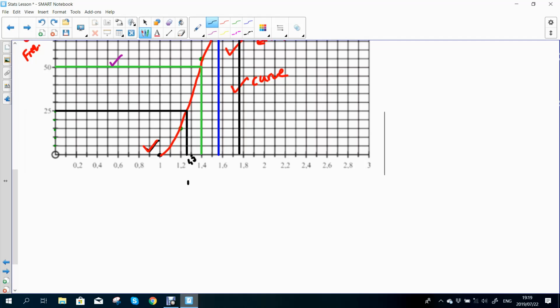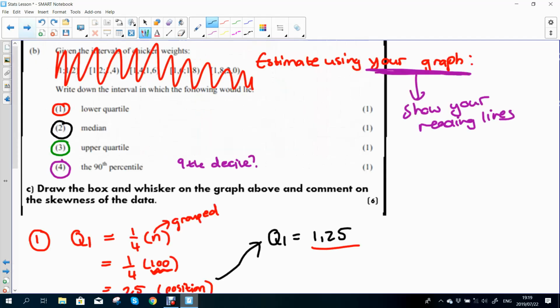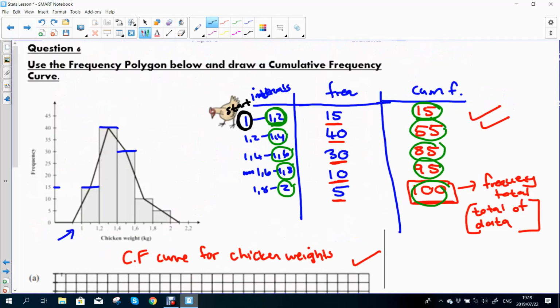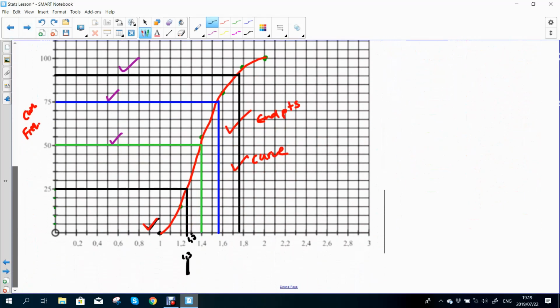So you make a little line where you measured off your quartile 1, and then you give the value at the top, 1,3. We actually said 1,25. So let's just go back. So we want to say 1,25. 1,25 is my quartile 1.